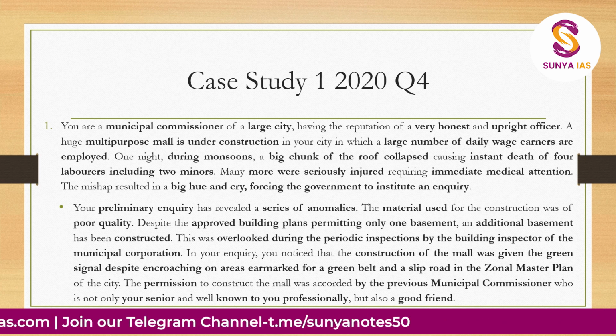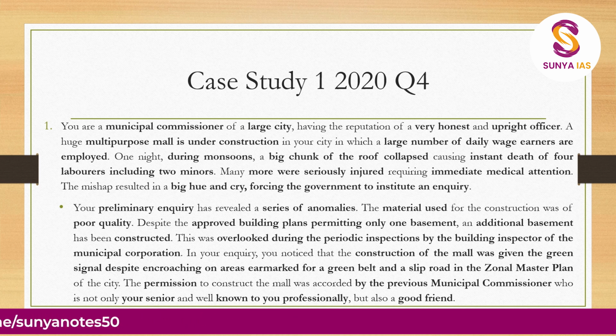In your inquiry, you noticed that the construction of the mall was given the green signal despite encroaching on areas earmarked for a green belt and a slip road in the zonal master plan of the city. The permission to construct the mall was accorded by the previous municipal commissioner, who is not only your senior and well known to you professionally, but also a good friend, right?